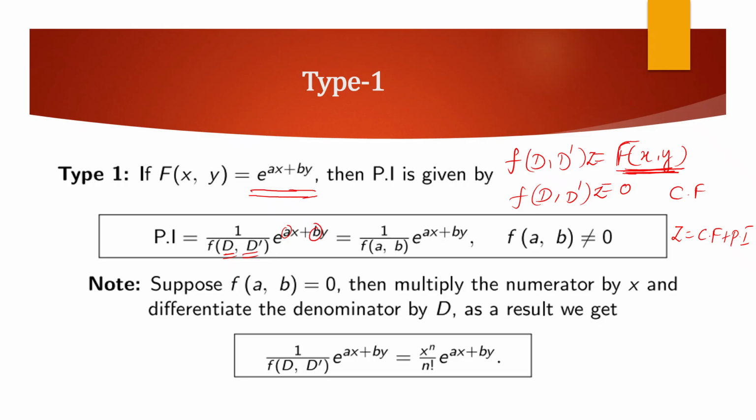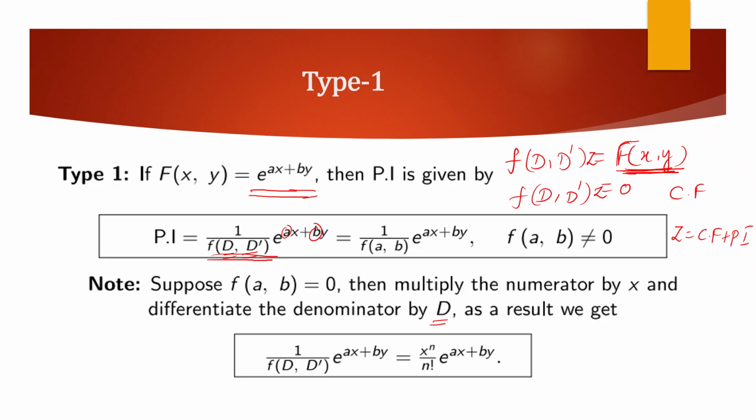Suppose f of a comma b is zero, then you have to proceed further. That is, you have to differentiate the denominator function of D and D dash with respect to D once, and then apply the same procedure, taking x in the numerator. Suppose again the denominator becomes 0, then you have to go for the second differentiation. So you take x square by 2 factorial multiplied with the function, and then you apply the procedure again.